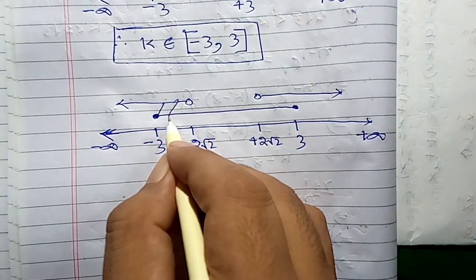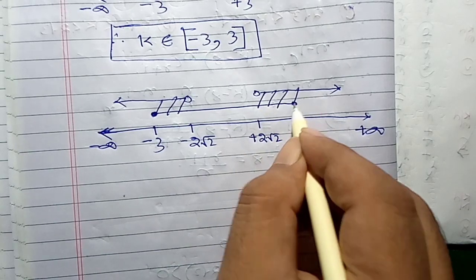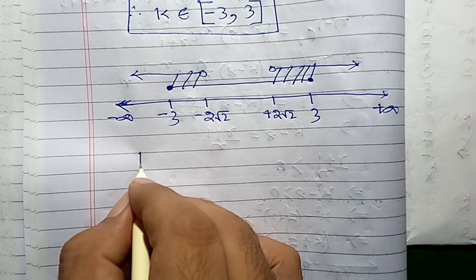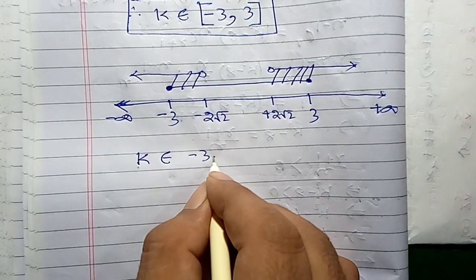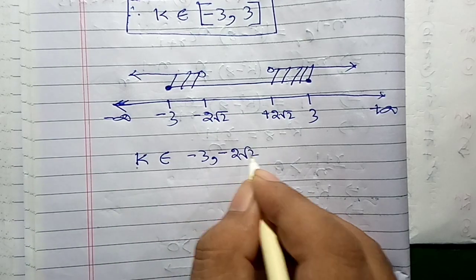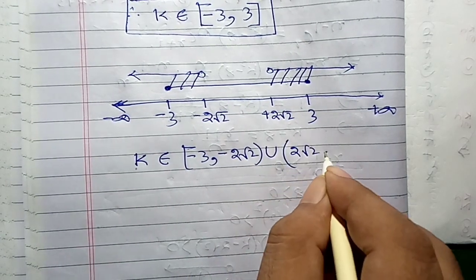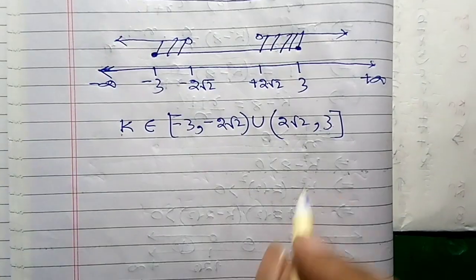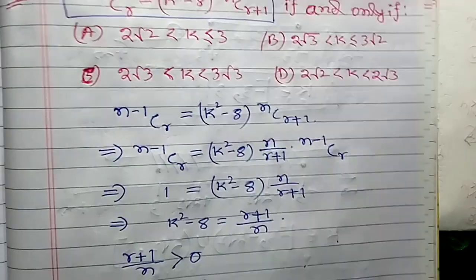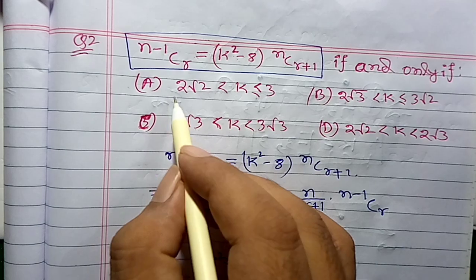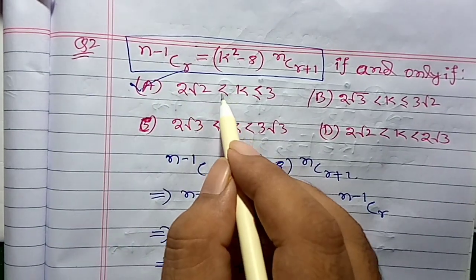So the intersection is here. So the final answer will be k belongs to minus 3 to minus 2 root 2, open, this is closed, union 2 root 2 to 3, this is closed. So from the given options we see that A is correct, 2 root 2 less than k less than equal to 3.